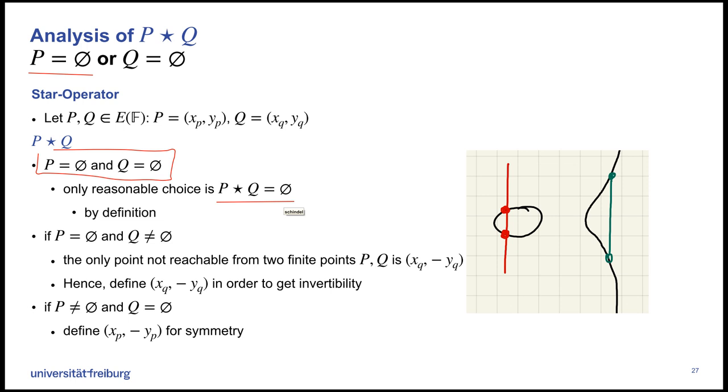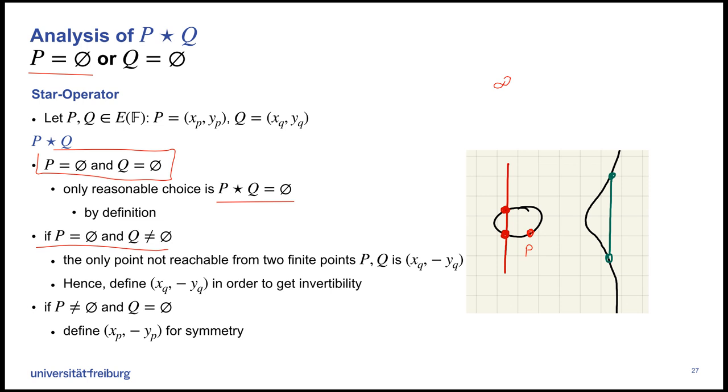Okay. More complex is the case that one of these values is not infinite. So you have this infinite point somewhere, and you have a given point here, and the question is, if I put a line from this point P to infinity, where does it hit the curve? This question doesn't make sense. But you could find the opposite way. Now you could choose a point somewhere. Which point is not covered?